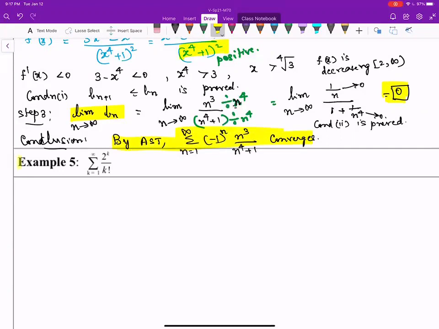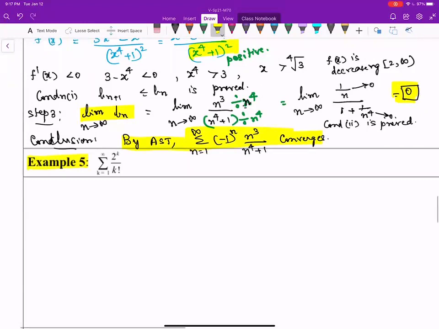Let's take the next example. Sigma k varying from 1 to infinity, 2 to the power k over factorial k. Because of the presence of factorial in the problem, we have to apply ratio test.